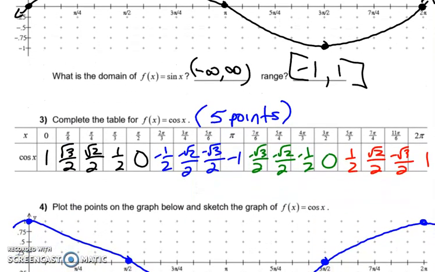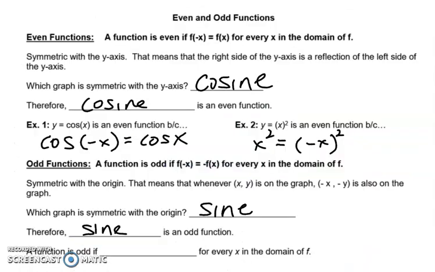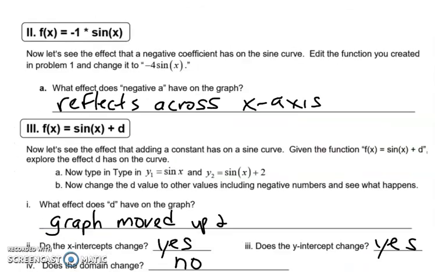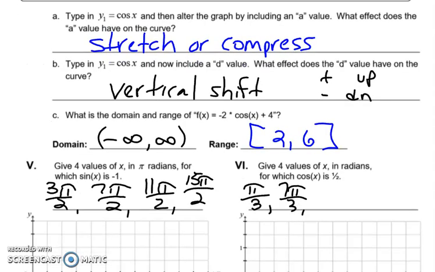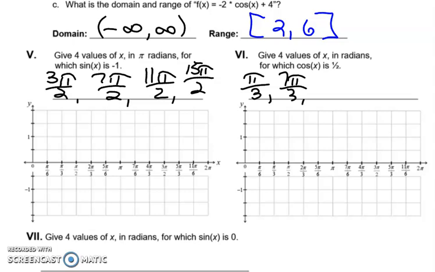We said cosine is a half. We got pi over 3, but because of the way it cycles, we also have 5 pi over 3. So our coterminal angle to that is 11 pi over 3.